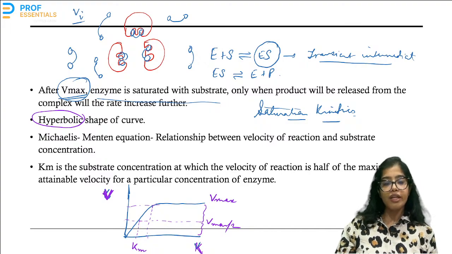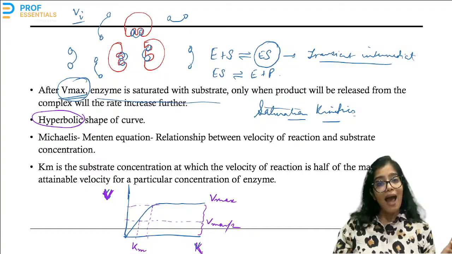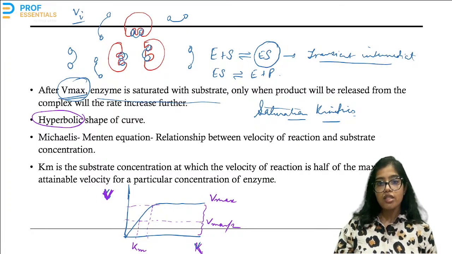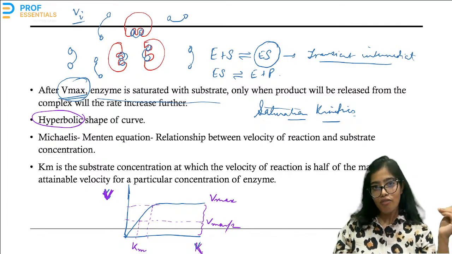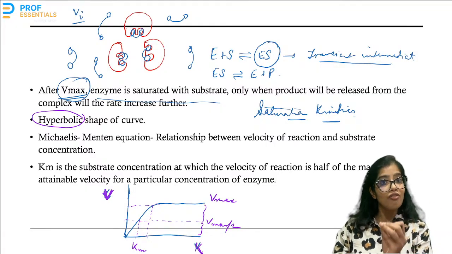This we are going to read later on in the Michaelis-Menten equation. What is Km? It is the concentration of the substrates at which the rate of the reaction reaches half of the maximum possible velocity of that reaction for a particular concentration of enzyme.